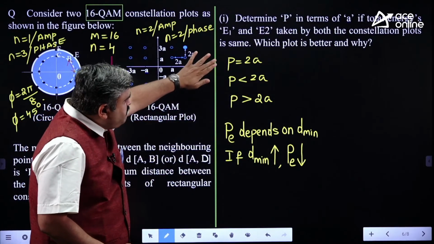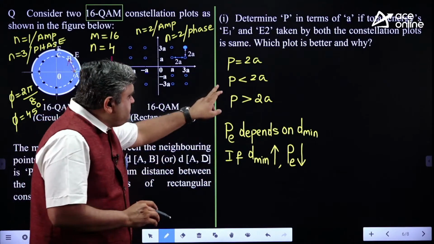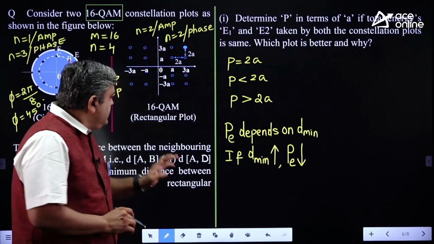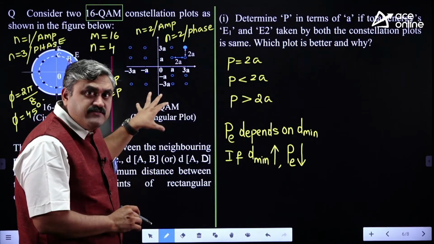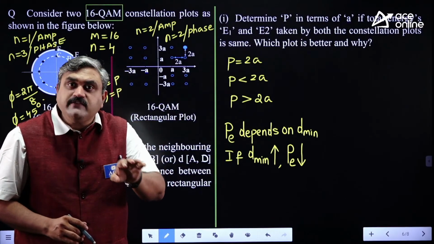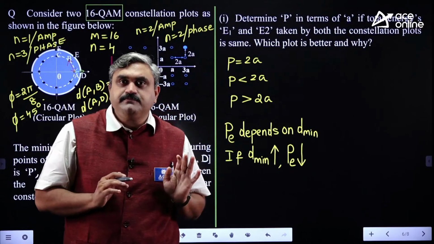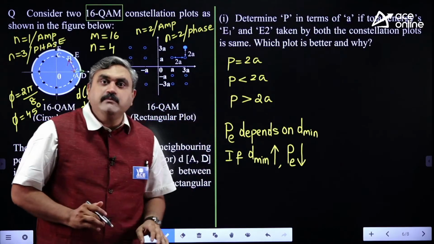So if P and 2A are the same, you use any plot, there is no change. If P is less than 2A, what does it mean? The d minimum in the first plot, the circular plot, is less than the d minimum in the rectangular plot. You prefer transmission using the rectangular plot. Obviously, the probability of error which you get will be less. If P is greater than 2A, what does it mean?